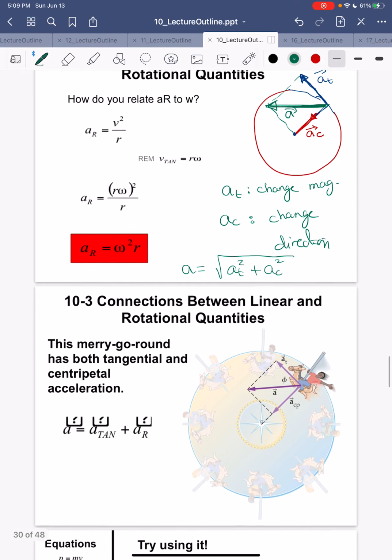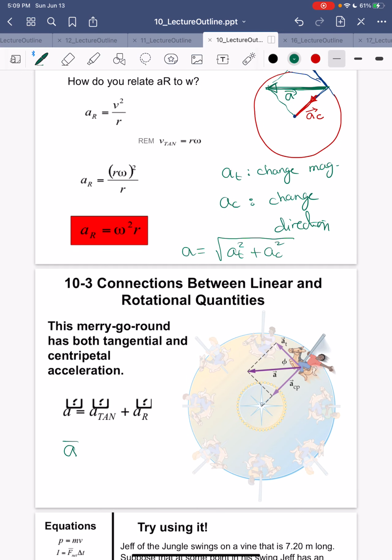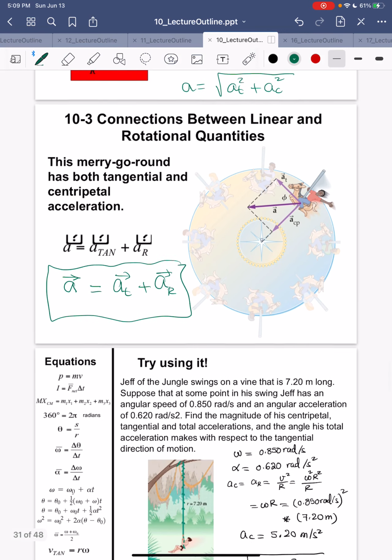Here, simply we're saying A as a vector equals AT as a vector plus AR, or AC, as a vector. Then we add them as vectors. And since they have 90 degrees between them, I can use the Pythagorean to calculate the magnitude.